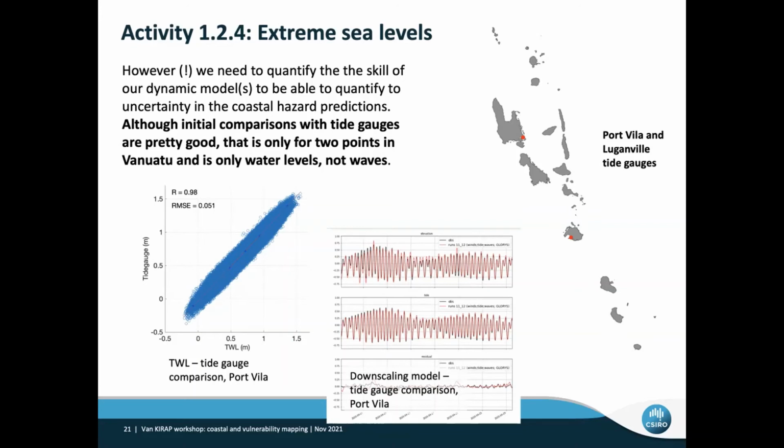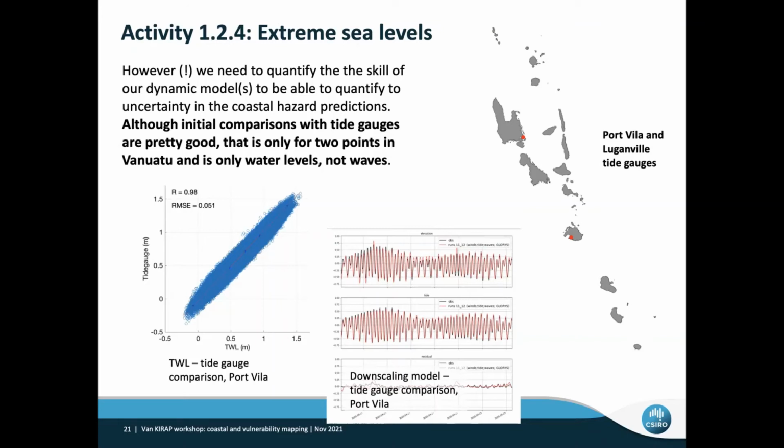Like, for instance, on the left here, that comparison is between the total water level calculated not even with the downscaling model, but with the national data from the regional climate information that I presented in my first talk. You can see that looks actually a very good statistical comparison with the tide gauge.